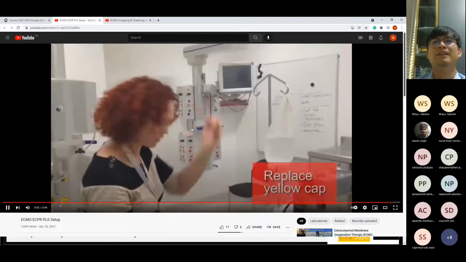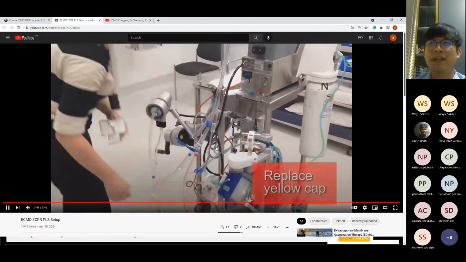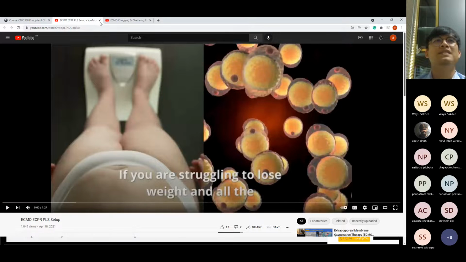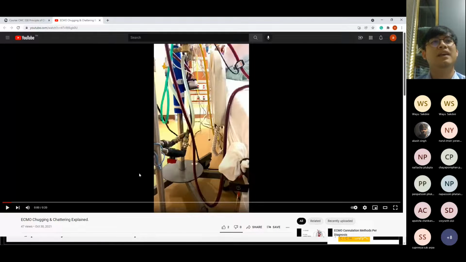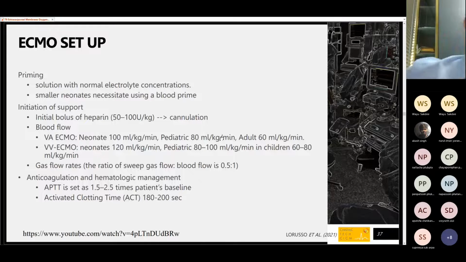Okay, ready to move the cart to the patient. After that, we're going to start running the pump. Firstly, we're going to start slowly.